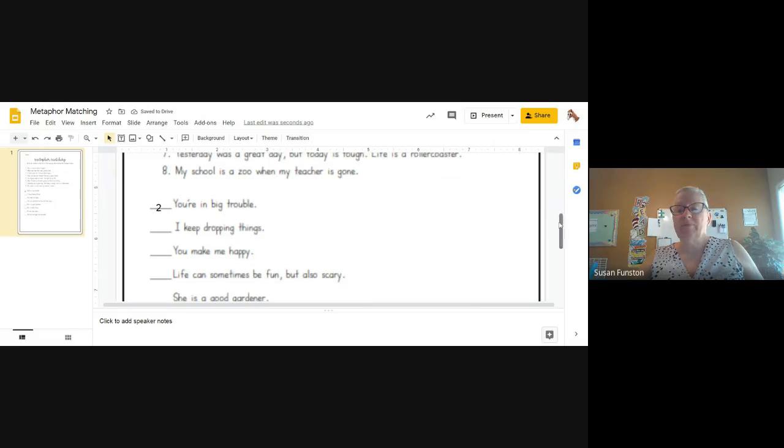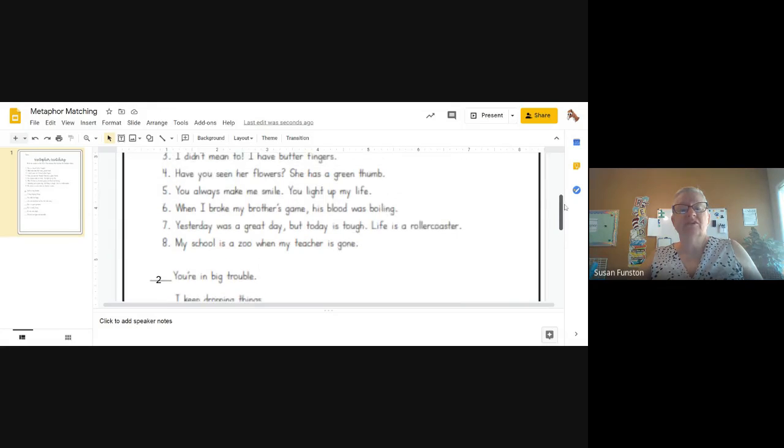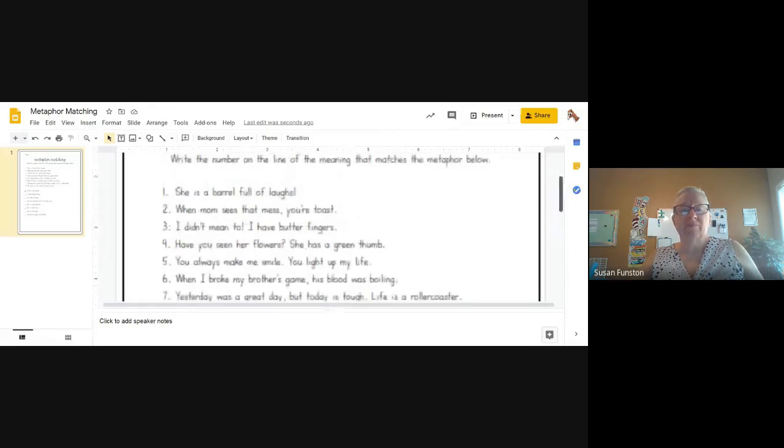I keep dropping things. See which one of these metaphors means I keep dropping things. She's a barrel full of laughs. I don't think so. When mom sees that mess, you're toast. We used that one. I didn't mean to. I have butterfingers. Oh, when you have butterfingers, what is happening? That means you're dropping things.